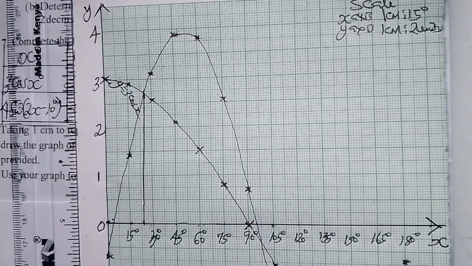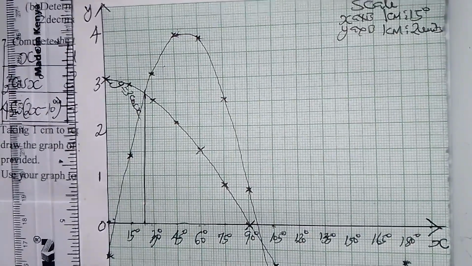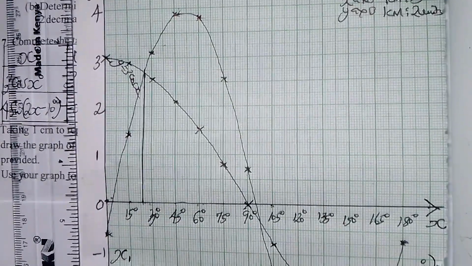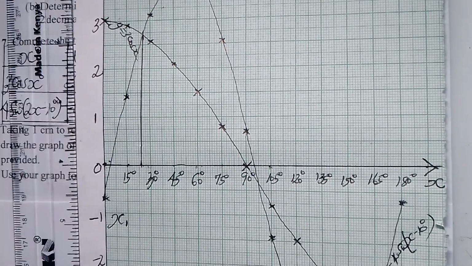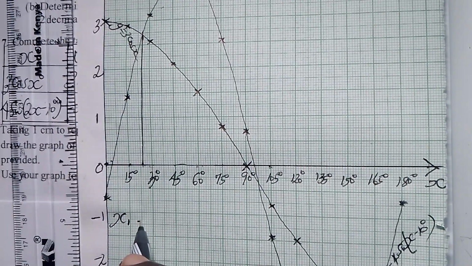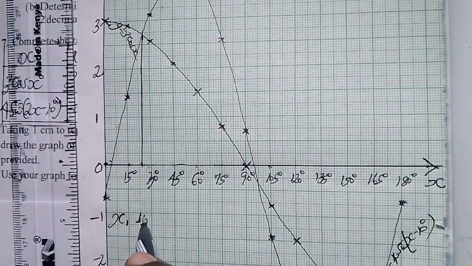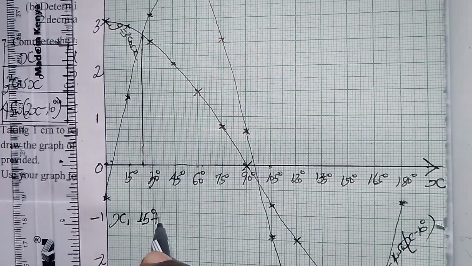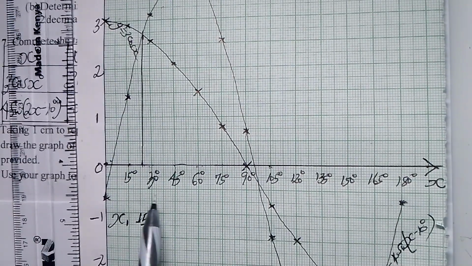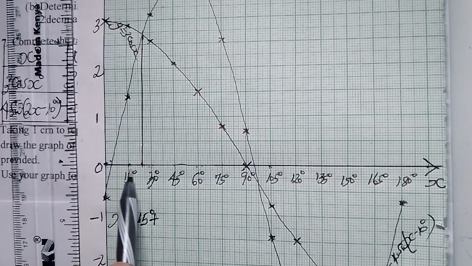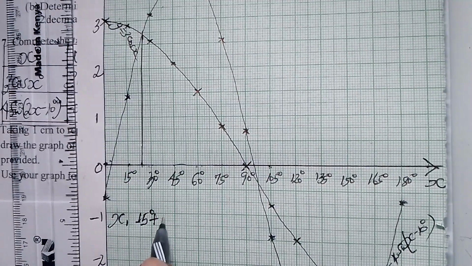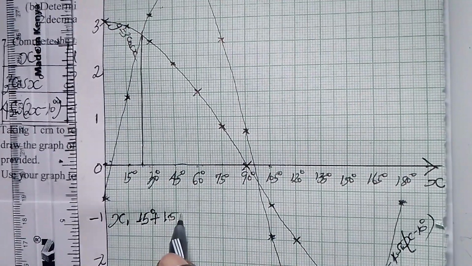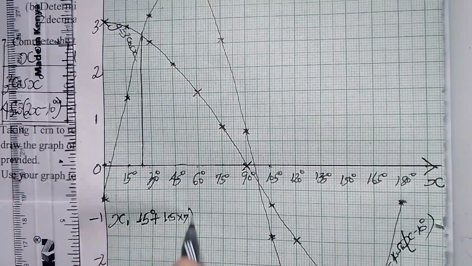So our approximate value for x1 will be given by 15 degrees plus. According to our scale, one small square here will represent 1.5 degrees. So 15 plus 1.5 multiplied by 7.